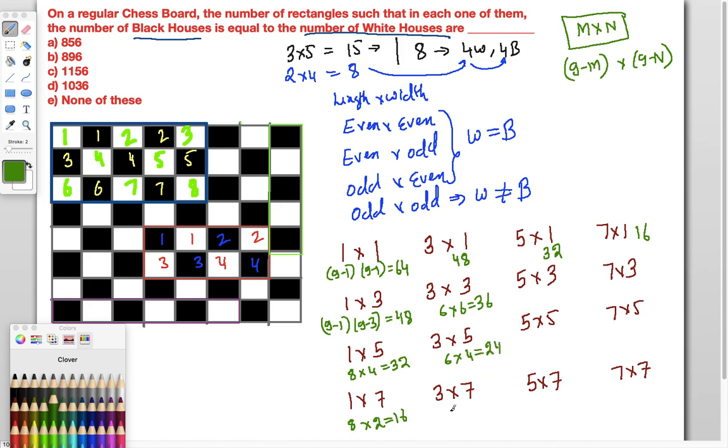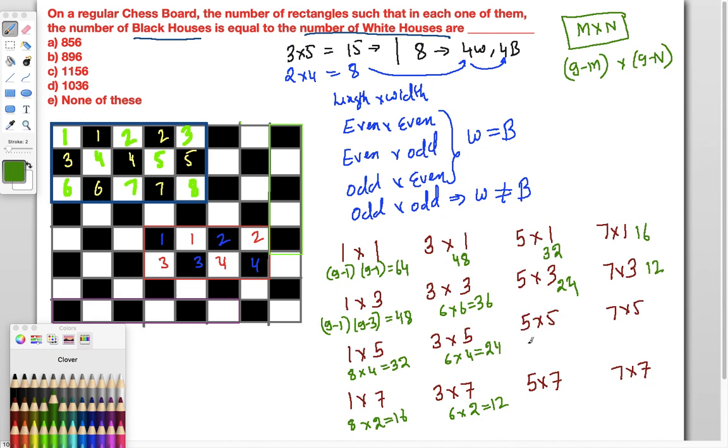And 9 minus 3 is 6, 9 minus 7 is 2, so 6 into 2 is equal to 12. So 3 into 5 is 24, 5 into 3 will also be 24, and 7 into 3 will also be 12. And you can observe the pattern also, like 64, 48, 32, 16, then 48, 36, multiples of 12. Okay. So in any way, you'll get 32, then it is 24.